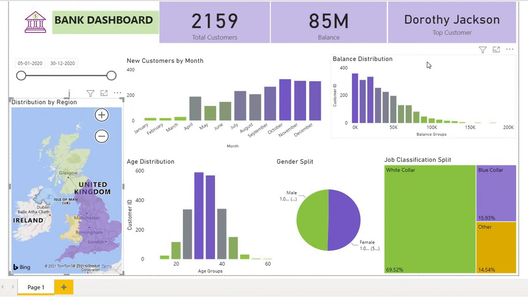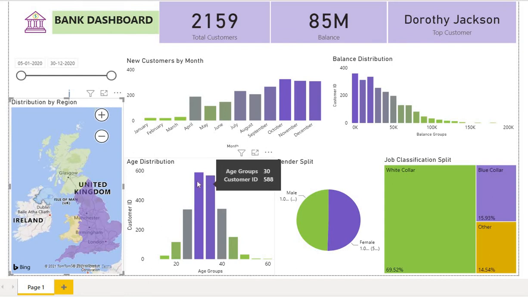Next, for the balance distribution, again, there is an inverse proportion between customers and the balance group. But here we can analyze that as compared to the region Scotland, in England, there are a little more number of people that are having more balance in their account. Also, in the age distribution, there are more number of people in the age groups between 30 to 40.